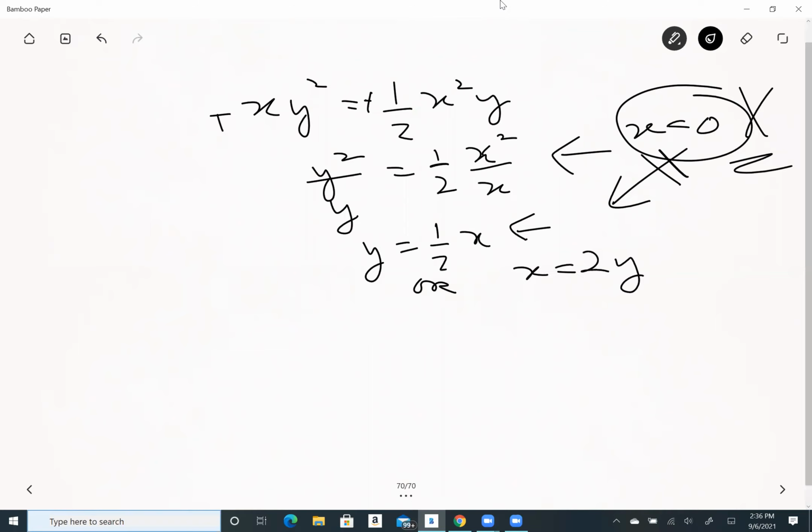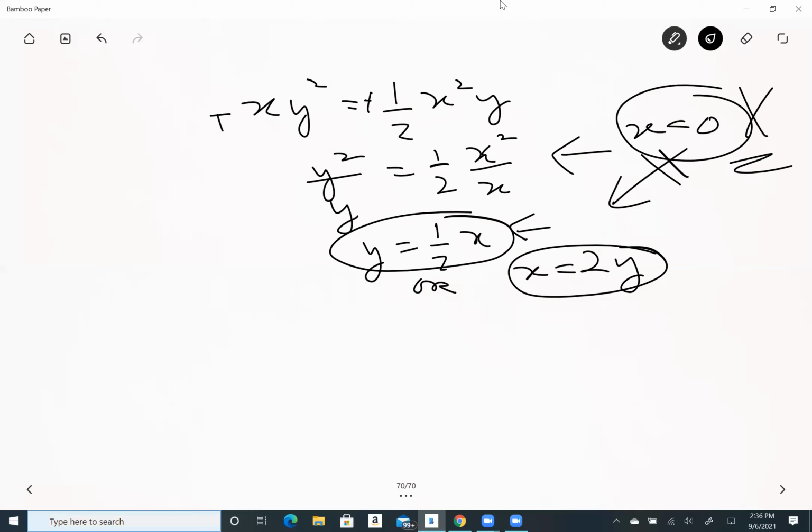And sometimes x equal to 2y is good because it doesn't involve fraction. So sometimes people prefer that. Or you can use y equal to half x. Now you substitute y equal to half x into number 3.